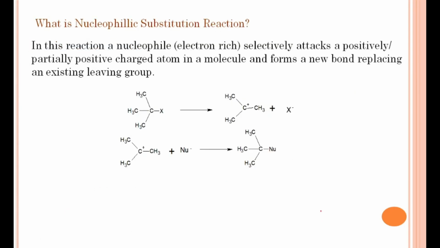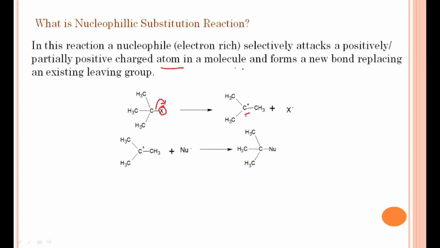Now, what is a nucleophilic substitution reaction? In a substitution reaction, when the electron-rich species or nucleophile attacks the positively or partially positively charged atom in a molecule and replaces the existing group, it is called a nucleophilic substitution reaction. Say this X is an electronegative atom. It generally takes away the bonded electrons.